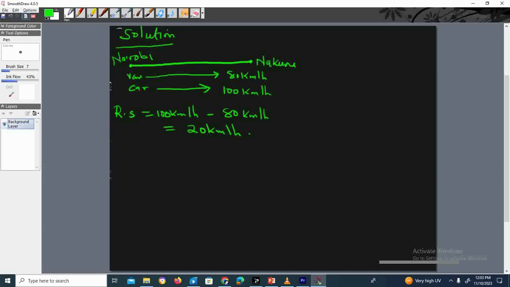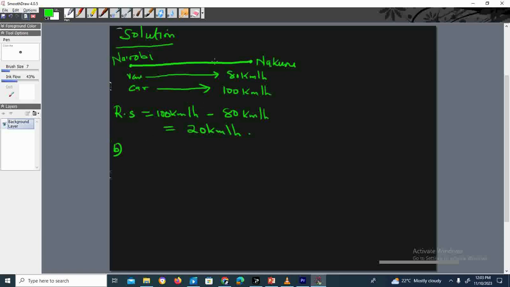So now part B, we need to get that point where the car overtook the van, and we find how far that point is from Nairobi.